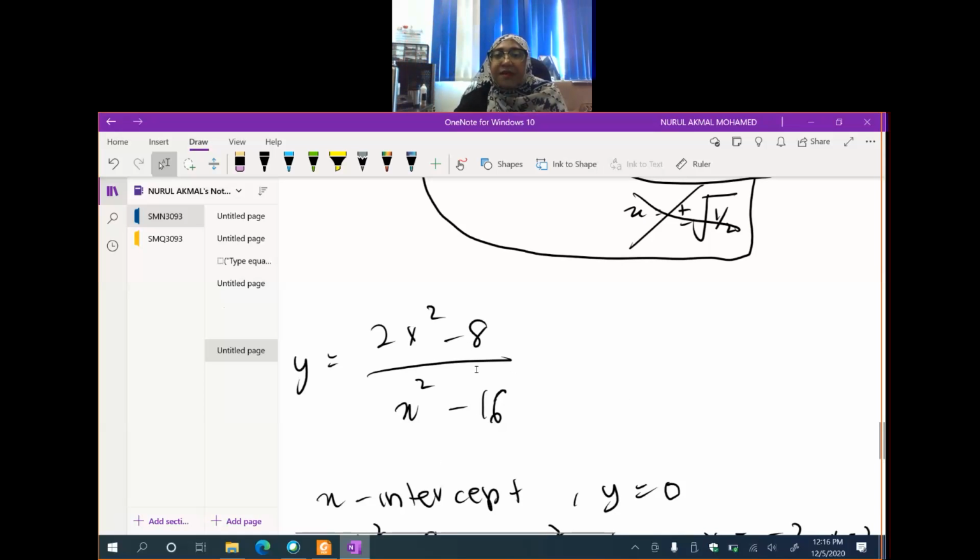And then we want to check whether this is a symmetric function or not. Is it symmetric about the y-axis? How do we check? You can choose, let's say, 2 points. Can we check for x equal to 1 and x equal to -1? Does this give you the same y?